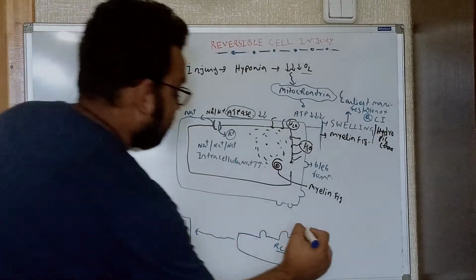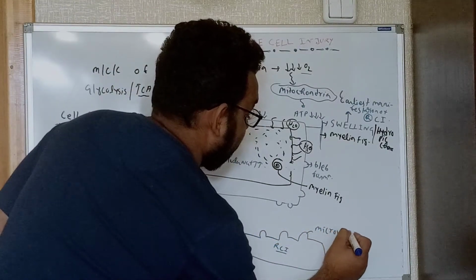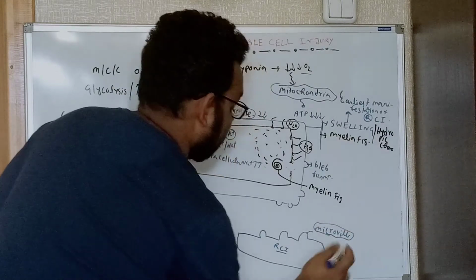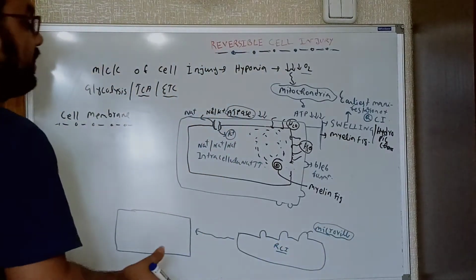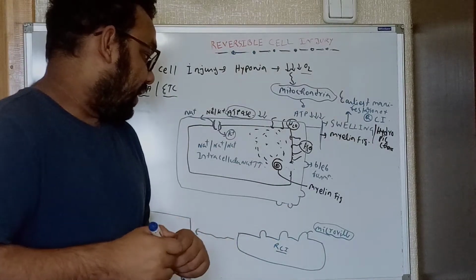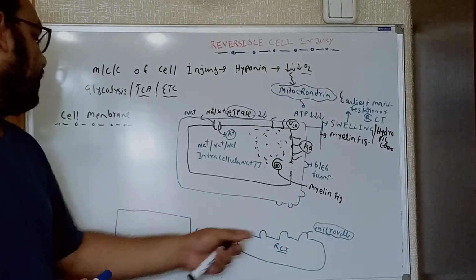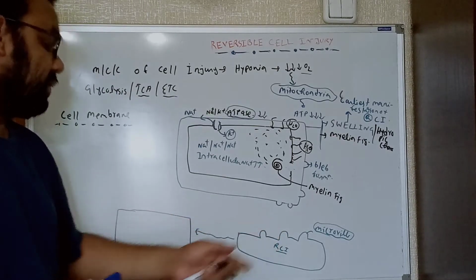Whenever we see hydropic changes, as the cell tries to swell up, the microvilli will be lost. There will be no microvilli in these portions; the villi will be absent over here.